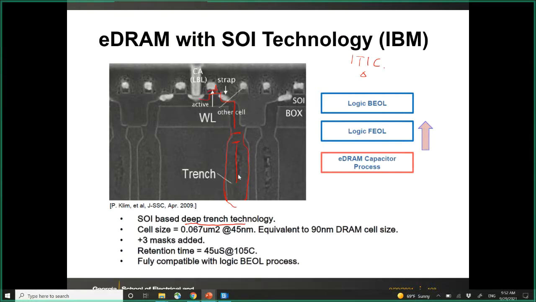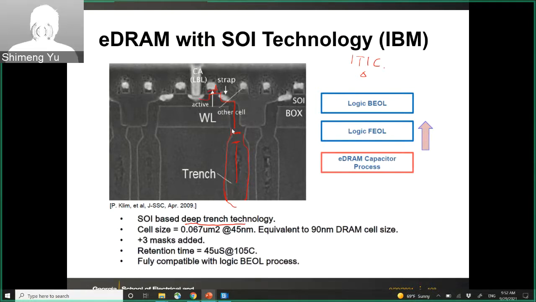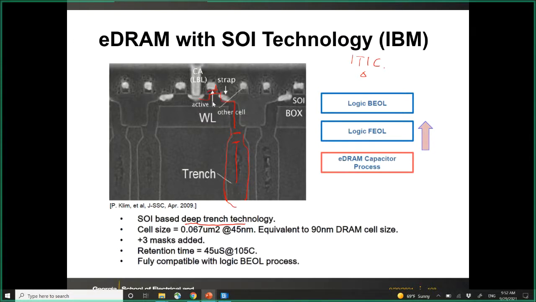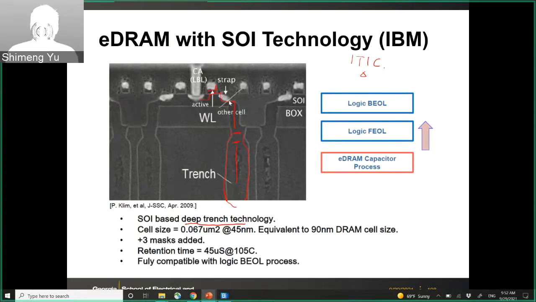So you make the transistor first, then the front-end logic process will not be impacted. That means you can still follow the same procedure to fabricate your logic transistor.